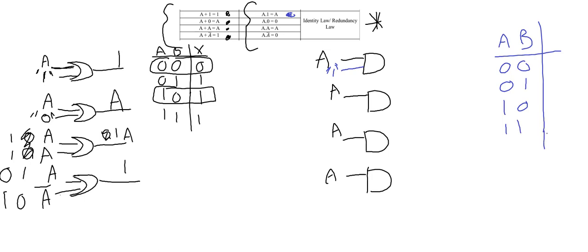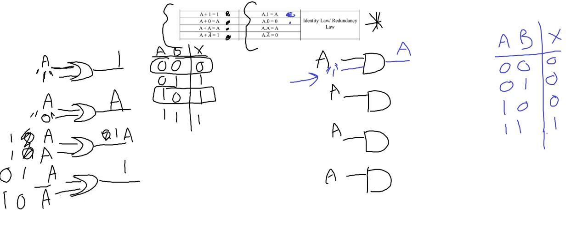We only have an output of 1 when both inputs are 1. Otherwise, we have 0. Now we do have a 1 here. So if A is 0, the output is 0. If A is 1, the output is 1. So the output is going to be A. It's going to follow whatever A is.